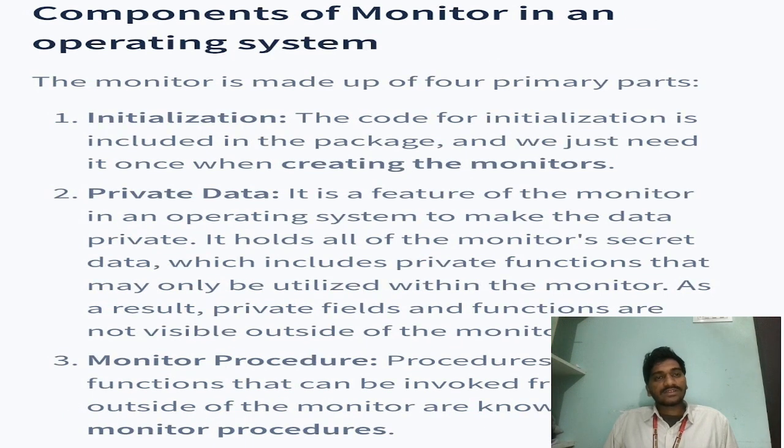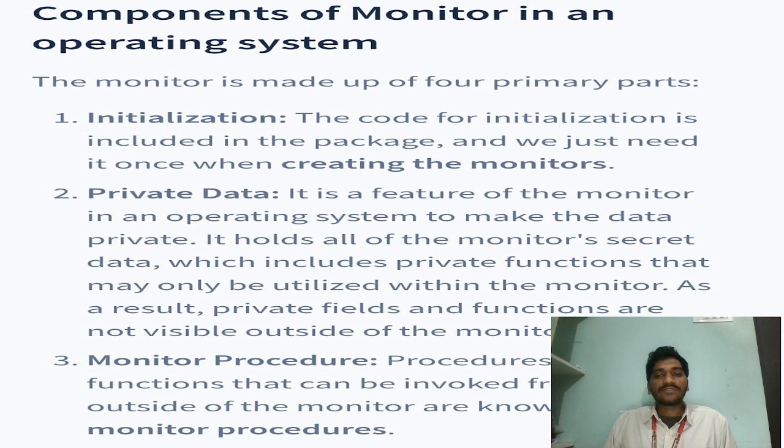Next, we're gonna discuss components of monitor in an operating system. The monitor is made up of four primary parts. First, initialization. The code for initialization is included in the package, and we just need it once when creating the monitors. Next, private data. It is a feature of the monitor in an operating system to make the data private.